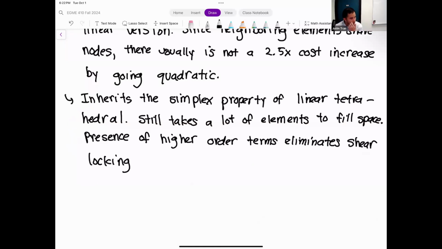Okay. It eliminates shear locking and it generally increases the accuracy of your simulation.